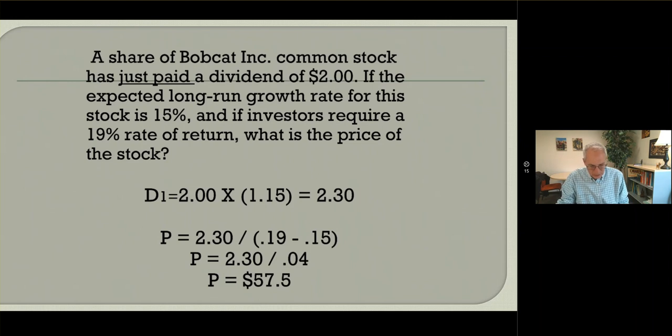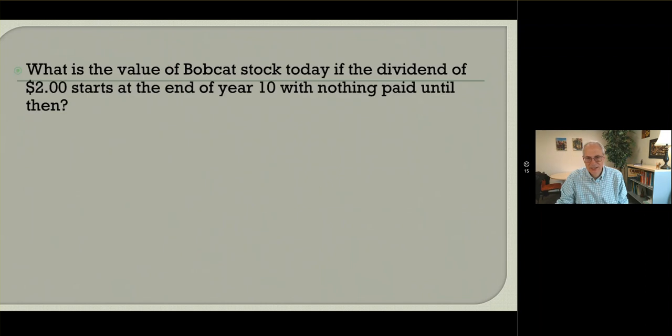All right, so remember, this is D of 0, just paid. It's like saying D today, yesterday, multiplied by 1 plus the growth rate, 1 plus G. D of 1 is 230, plug it into the formula, and there you have 57.5. Okay, just more practice, constant growth.